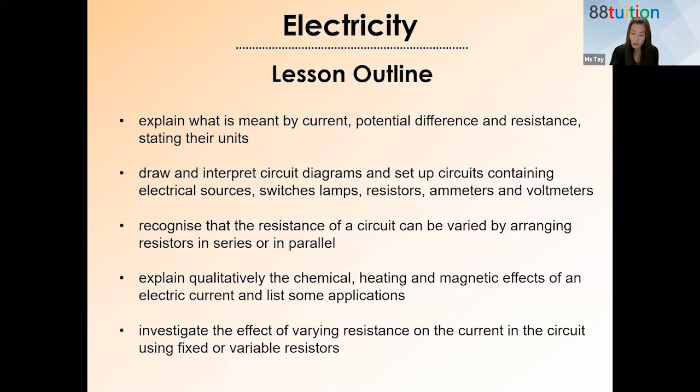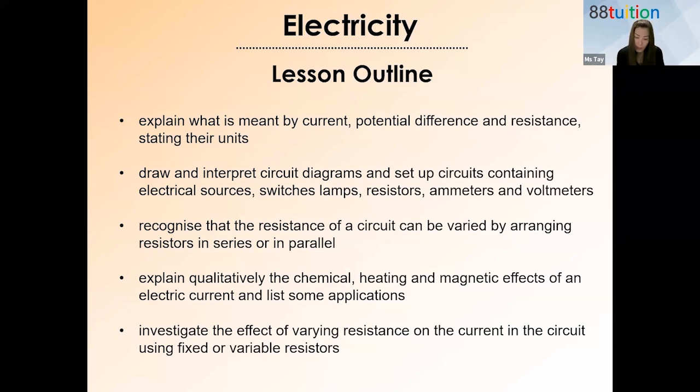You don't see these words previously like voltmeter, ammeter, resistor, but you are familiar with lamps, switches, electrical sources. And then the next point, recognize that the resistance of a circuit can be varied by arranging resistors in series or in parallel. If you don't know what's resistor, don't worry yet, but it's very similar to the word resist. Something like blocking you, preventing you from doing something.